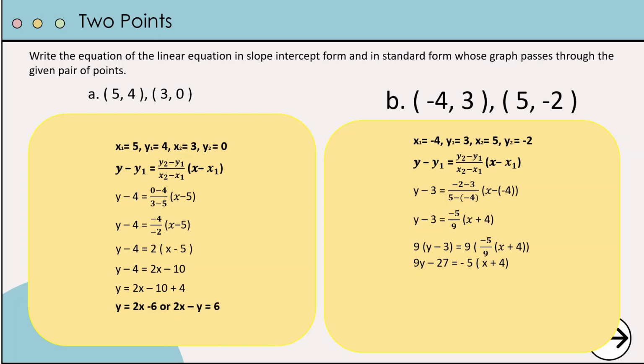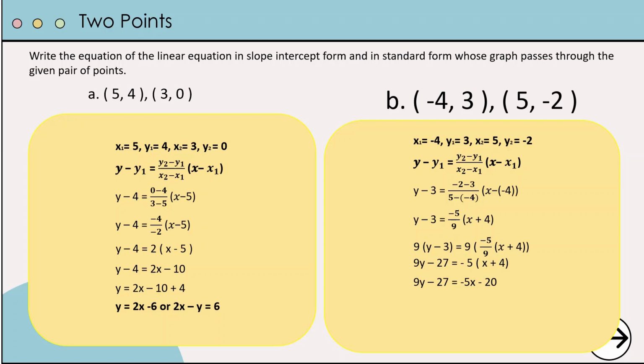And so we are left with negative 5 times (x plus 4). We can still simplify the right side of the equation by distributing negative 5. We get 9y minus 27 equals negative 5 times x, which becomes negative 5x, and negative 5 times positive 4 equals negative 20.